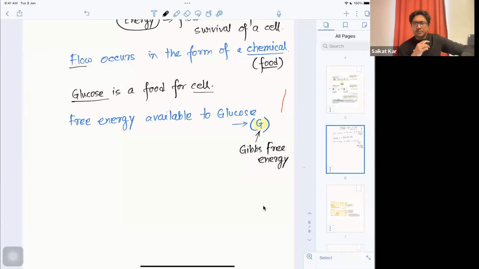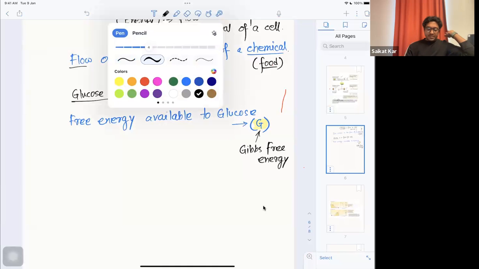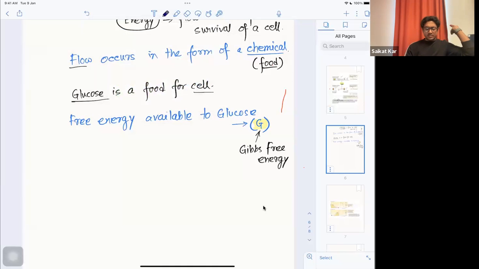Now Manikant is saying, sir, is this process known as Krebs cycle? Because in 10th class I have studied the ATP is formed by Krebs cycle. Now Krebs cycle or glycolysis, all these steps are just breakdown of glucose.